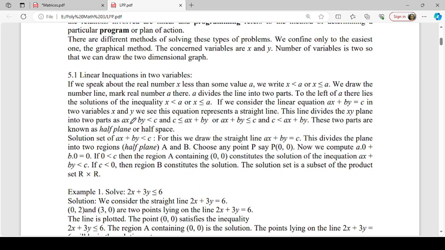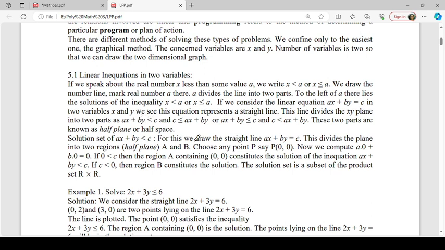So this is ax plus by, so 2 variables are there, and these are constraints. ax plus by is less than some value or maybe greater than some value, so we write this as equations. These are straight lines.